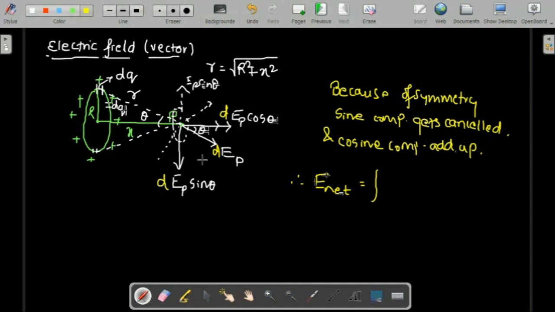The vertical components are getting cancelled, so I'm only adding up the horizontal component. So I can simply write it as dE, let me drop the subscript here for convenience, cos of theta. So the magnitude of the electric field at any particular point we can easily find out, okay. That's quite simple.